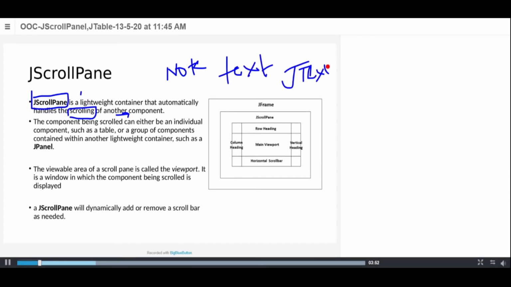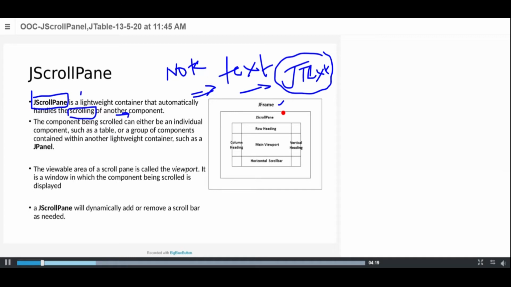I want to provide this component with scrolling capability, which means I want to add this JTextArea into this container so that your Notepad will have scrolling capability, whether horizontal or vertical. This is how exactly a JScrollPane looks. We know that we have one container called JFrame.